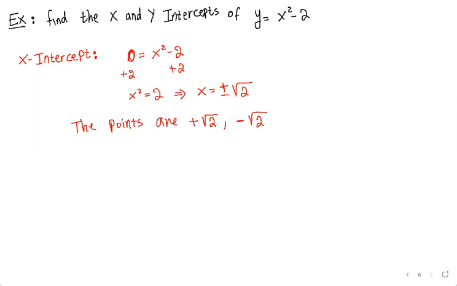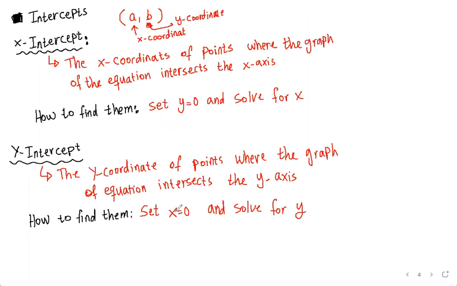We'll do the second one, the y-intercept. Y equals 0 squared minus 2. Exactly. So the same thing here, go back. We set x equals 0 and solve for y.